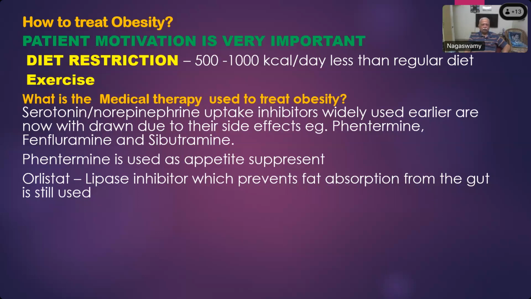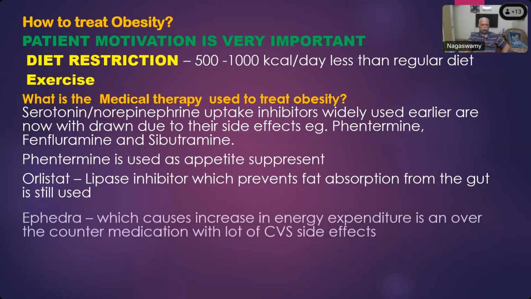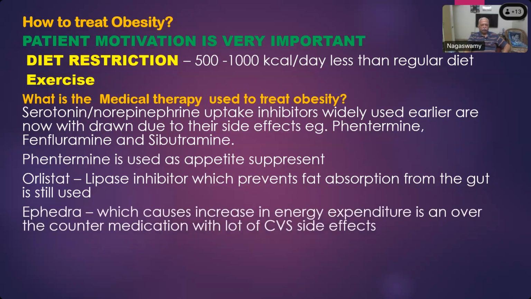Similar to that, here orlistat prevents the absorption of fat from the diet, and that is how it also reduces the blood fat level and decreases the accumulation of fat. Ephedra is one of the trade names, which causes an increase in energy expenditure. It is an over-the-counter medication, but that also has a lot of serious side effects.